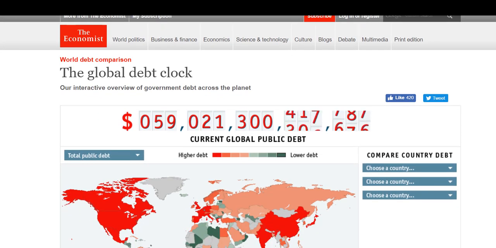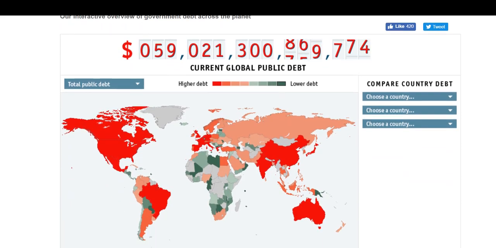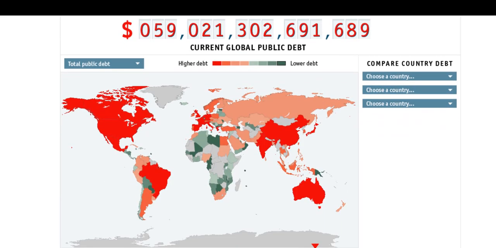They publish this global debt clock, collecting data from all countries all over the world, and they focus just on government-issued debt. So the US is at 20 trillion. Their estimate for the global government debt is 60 trillion. So the US accounts for a third of the world's global public debt.